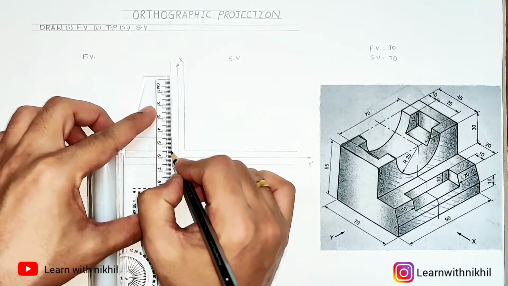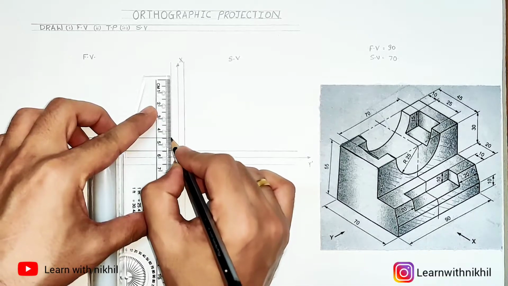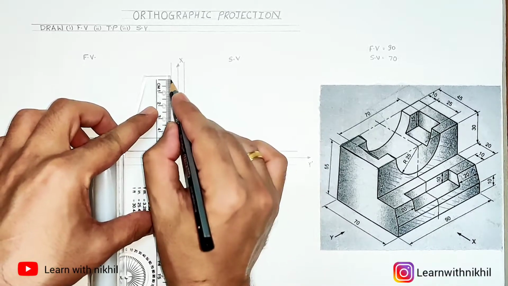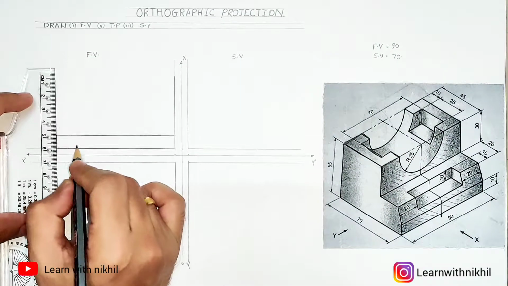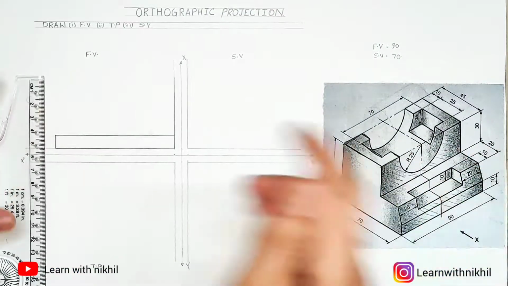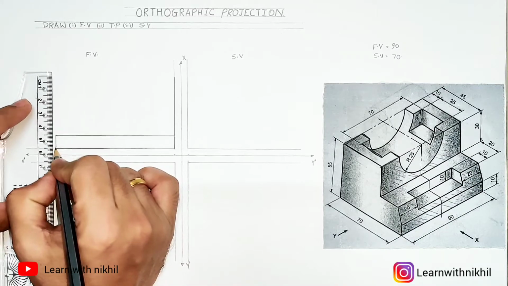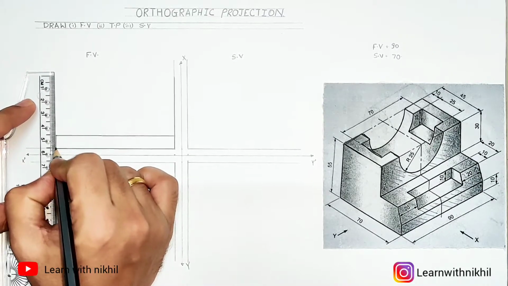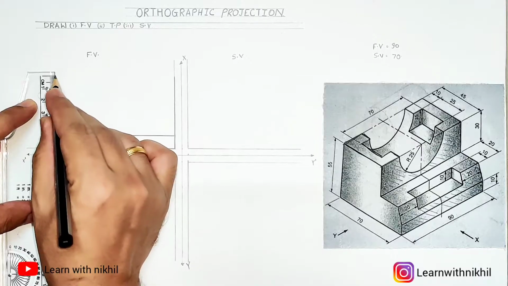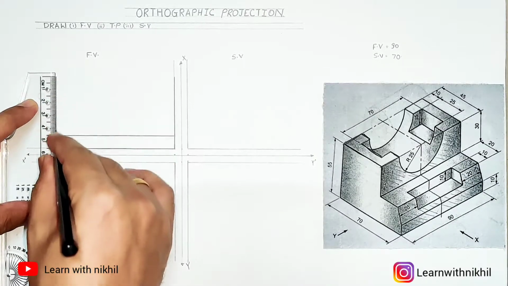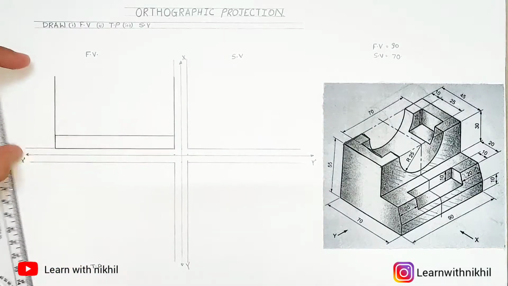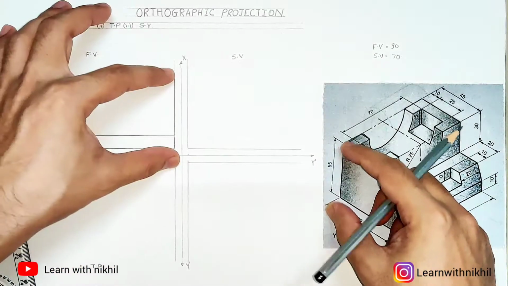So on both the sides we will draw straight line of 55 millimeter. So the height drawn is 55 millimeter.